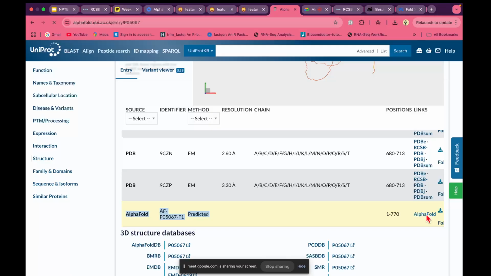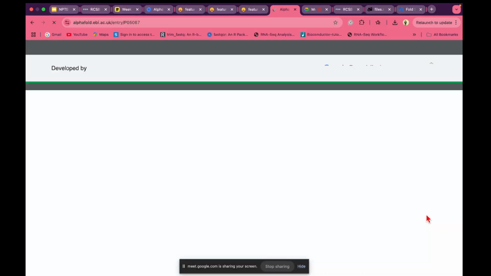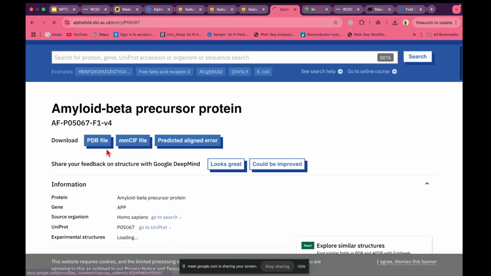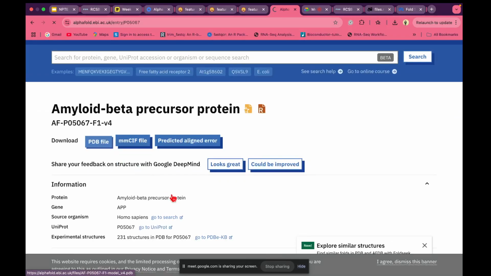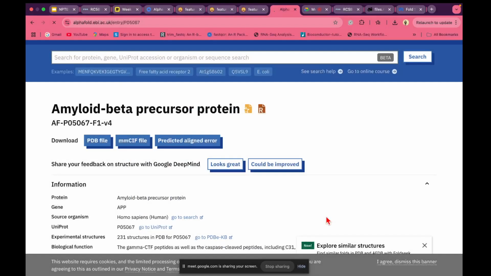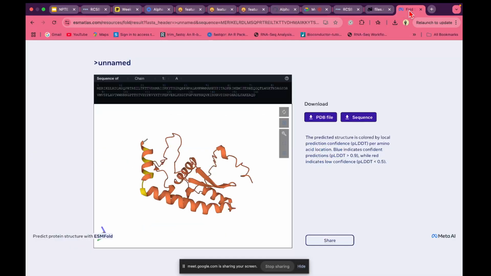It will redirect in some time. Yeah, so we can download a PDB file, then open it through PyMOL, and next are the same steps.